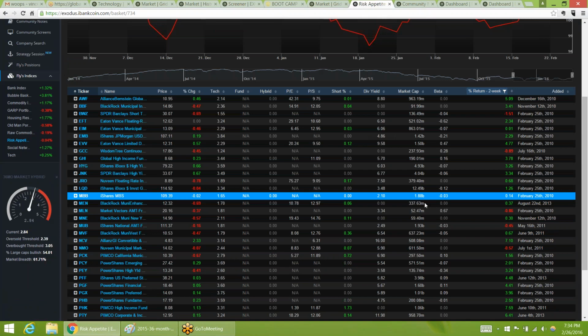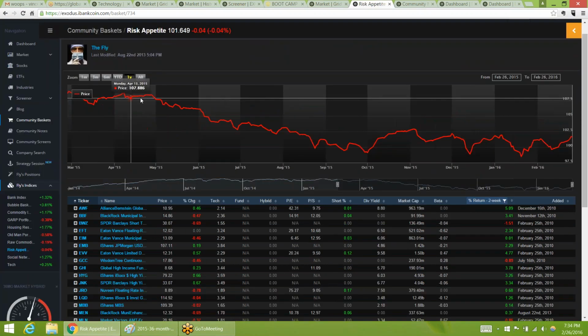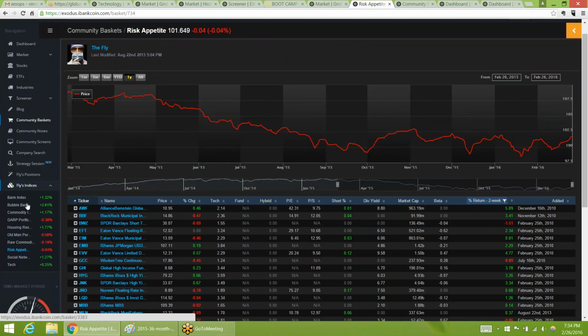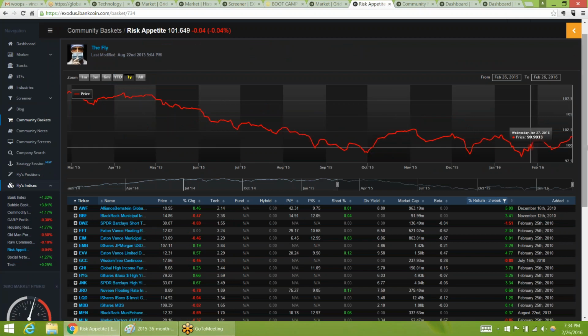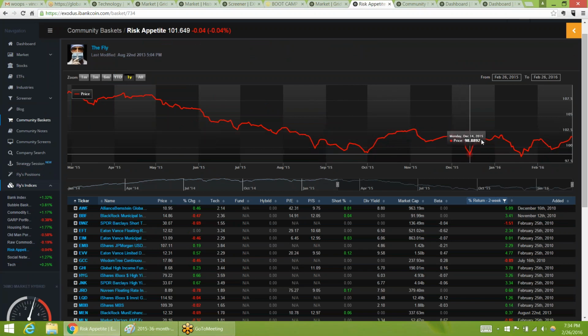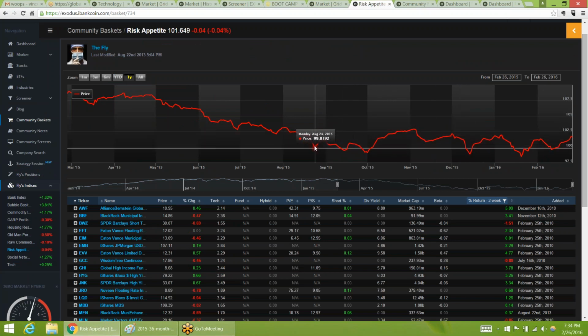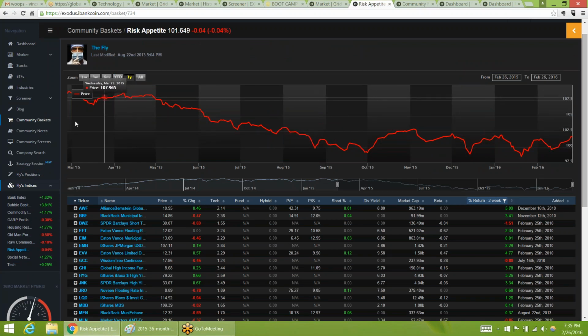And if this thing starts to head lower alongside something like the bubble basket, something like the bank index, if you start to see the risk appetite heading lower, then you know we could be in for some trouble. But as of right now, all these different bond funds that are represented in this index, you can see it's been pretty stable. So no major reason for concern yet, at least per this index.